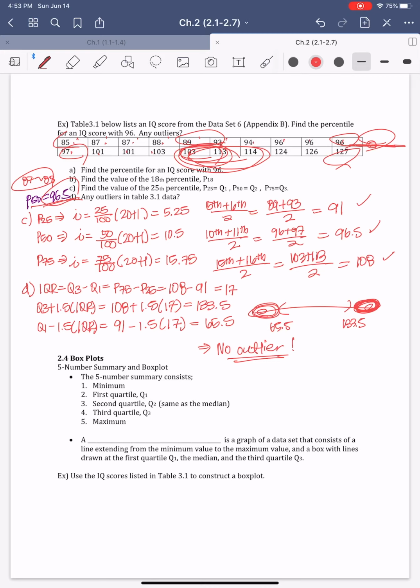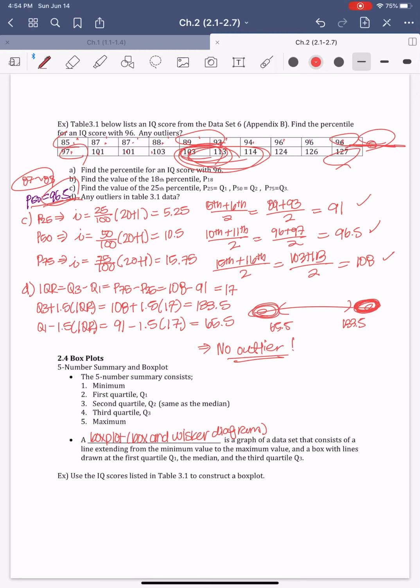Okay, so the box plot, also known as the box and whisker diagram, is a graph of a data set that consists of a line extending from the minimum value to the maximum value, and a box with a line drawn at the first quartile, the median, and the third quartile.